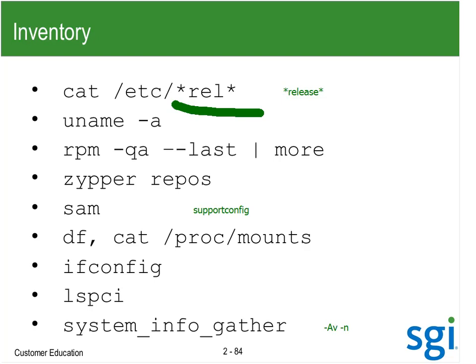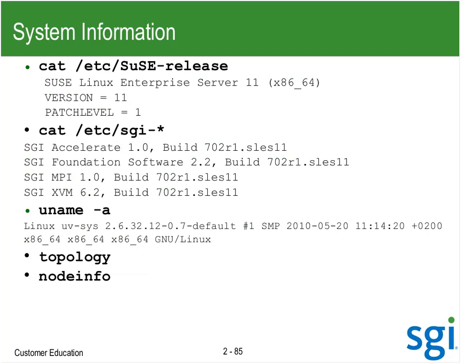This is actually meant for the call center to reduce the number of times I go back to the customer and say, run this command, run that command. So sysinfo-gather is trying to snapshot all the configuration information at one time. So here I did a cat and can see my SUSE release, my SGI releases, my kernel release.